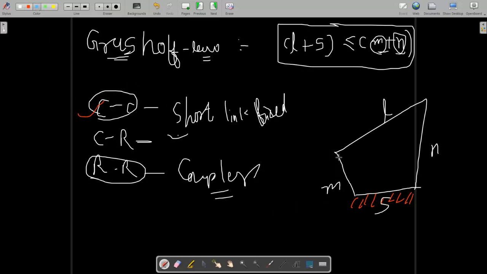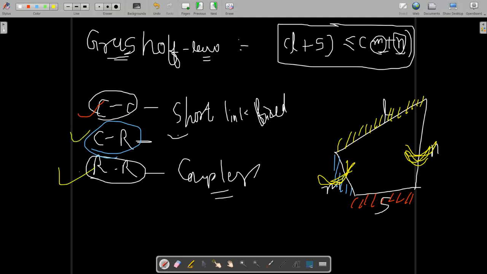If you fix this M or N, you will get a crank rocker mechanism. And if you fix this L, which is known as the coupler link, then both links adjacent to the fixed link will oscillate like a pendulum. So this is known as the rocker mechanism.